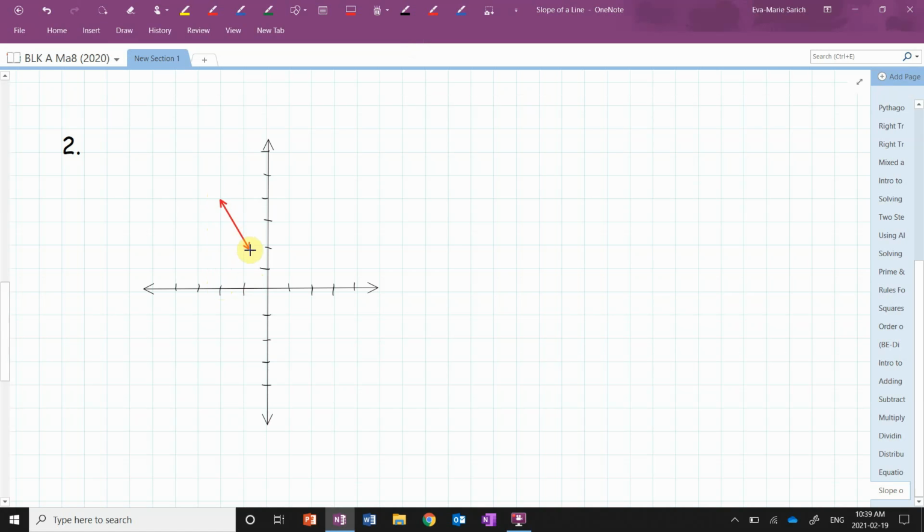And I'm going to go down until I end at right 2, down 2. Okay? So my line goes from left 2, up 4, down to right 2, down 2. That's my line. And I want to find the slope on that line.